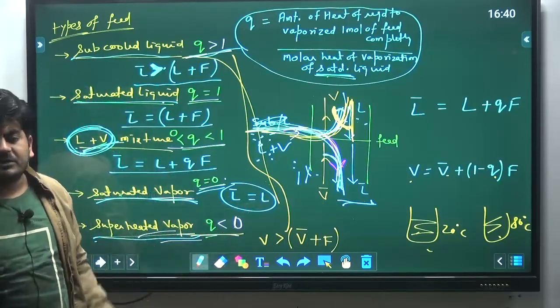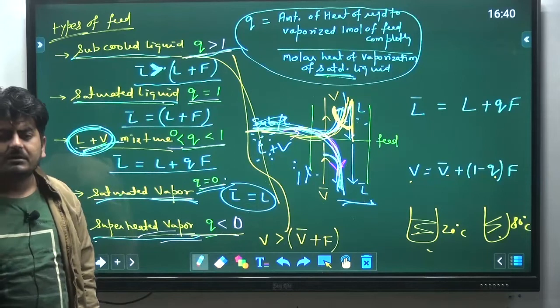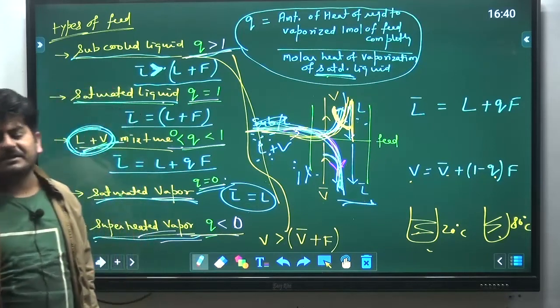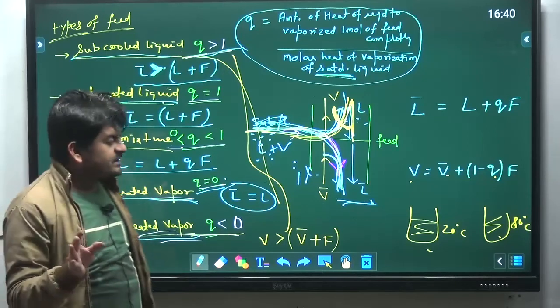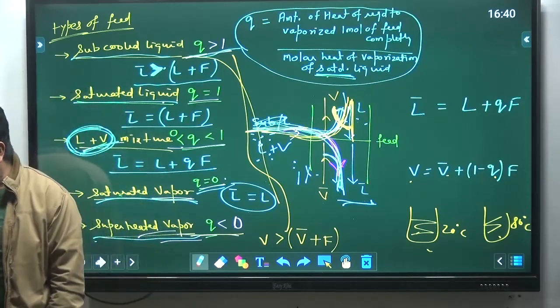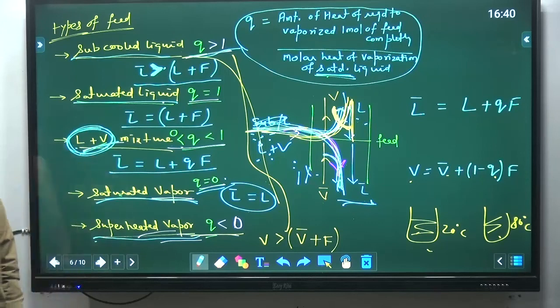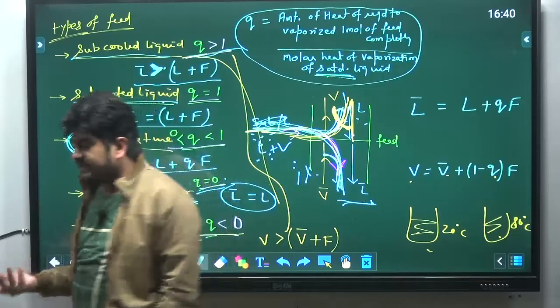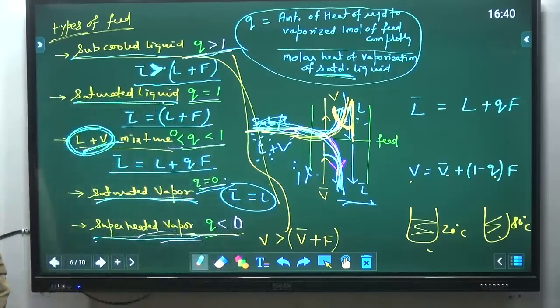We don't care what is the temperature of the liquid on the stage, but it will be the same. That is the meaning of the second assumption. Is it clear now to all of you, what is the second assumption and its significance and importance in the McCabe method? Yes. Okay.